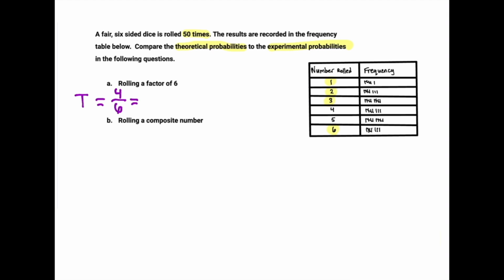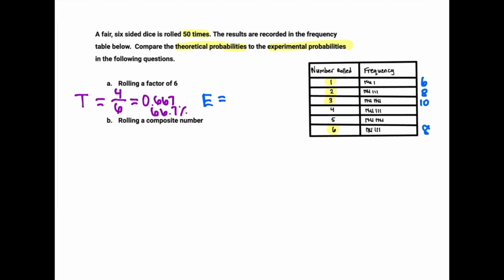To turn that into a decimal, we would have 0.667, and that as a percent would be 66.7%. Now let's look at what we got experimentally. We had 6 1s, 8 2s, 10 3s, and 8 6s. We need to add up how many times we rolled a factor of 6.